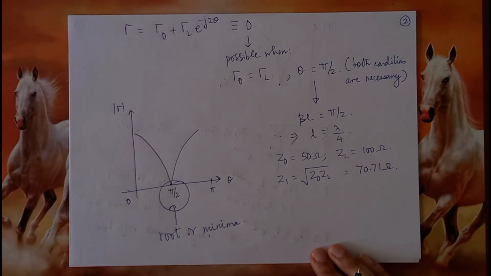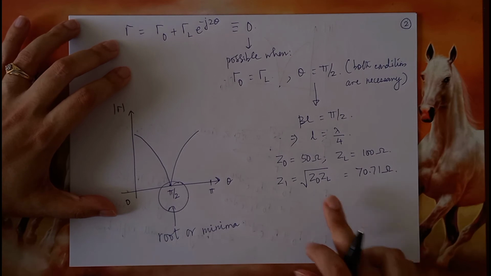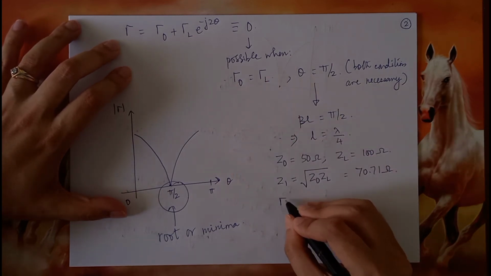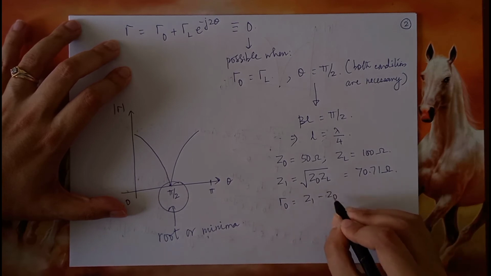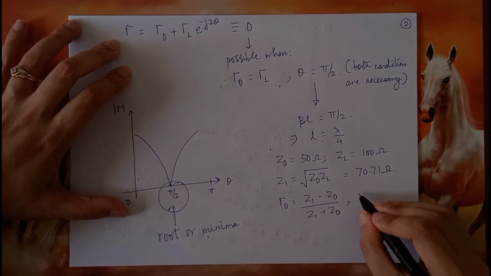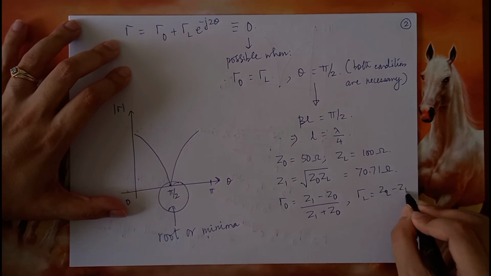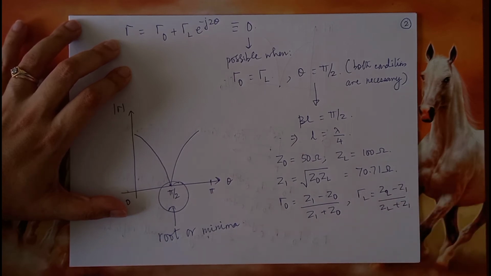Right? So having said this, we need to now see what would be gamma 0 and what would be gamma L. As per definition, gamma 0 we have already defined, that is Z1 minus Z0 divided by Z1 plus Z0, and gamma L is ZL minus Z1 divided by ZL plus Z1.